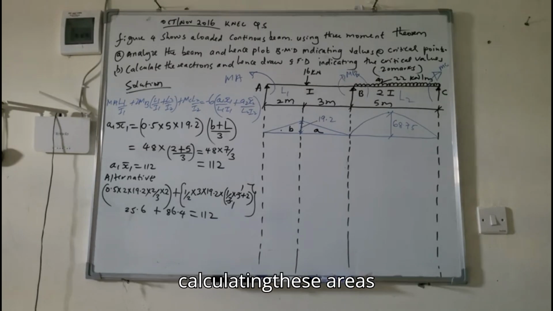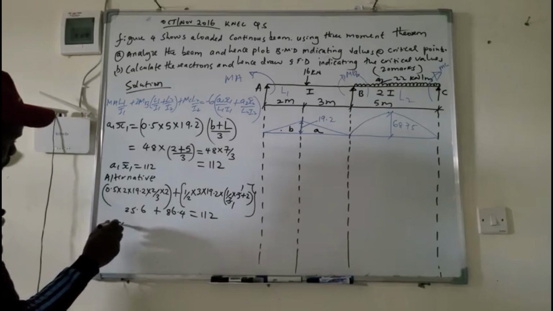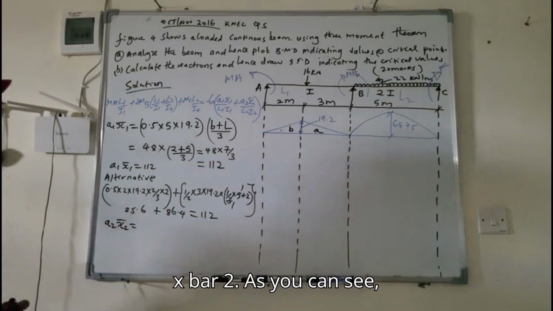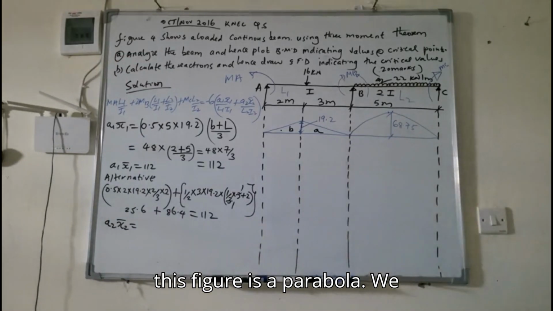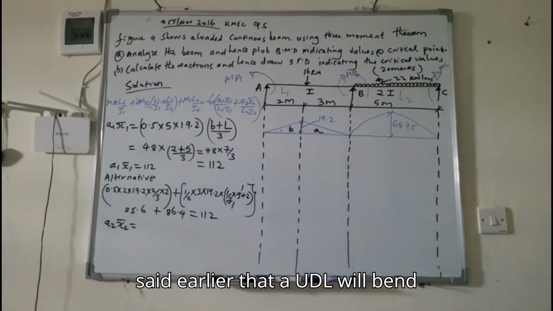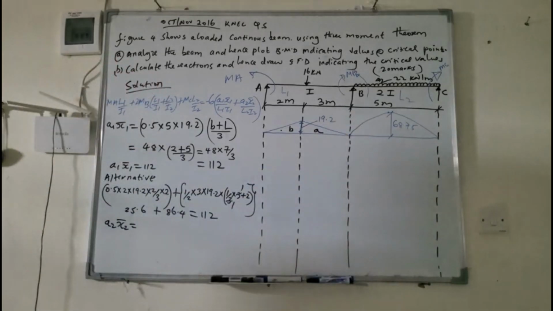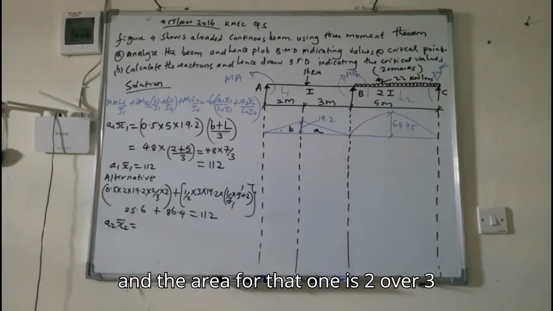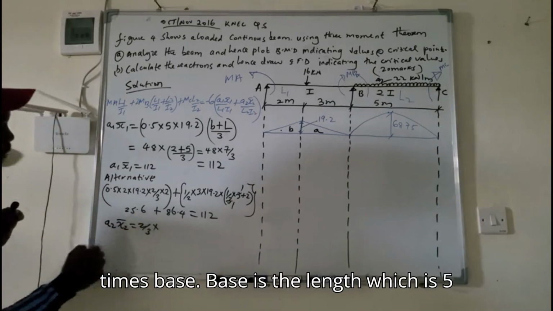After calculating these areas and centroids, now we will go to A2 x bar 2. As you can see, this figure is a parabola. We said earlier that a UDL will bend in a parabolic shape like this one, and the area for that is 2 over 3 times base.